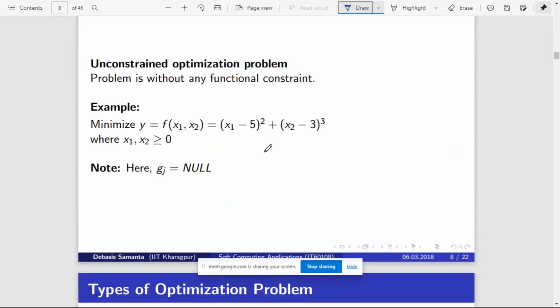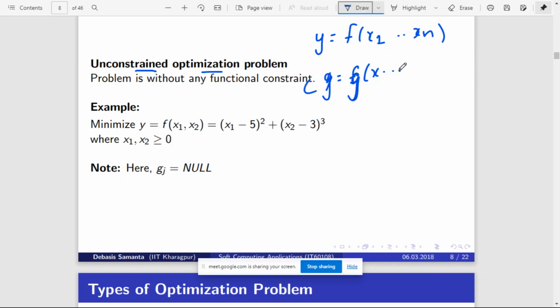So there may also be some optimization functions in which there may not be any constraints at all. Such problems are called unconstrained optimization problems. In the previous definition we discussed that any optimization problem will be represented using a function y equal to f of x1 up to xn, and apart from that it will also have a function which represents the constraint, which we can call c.